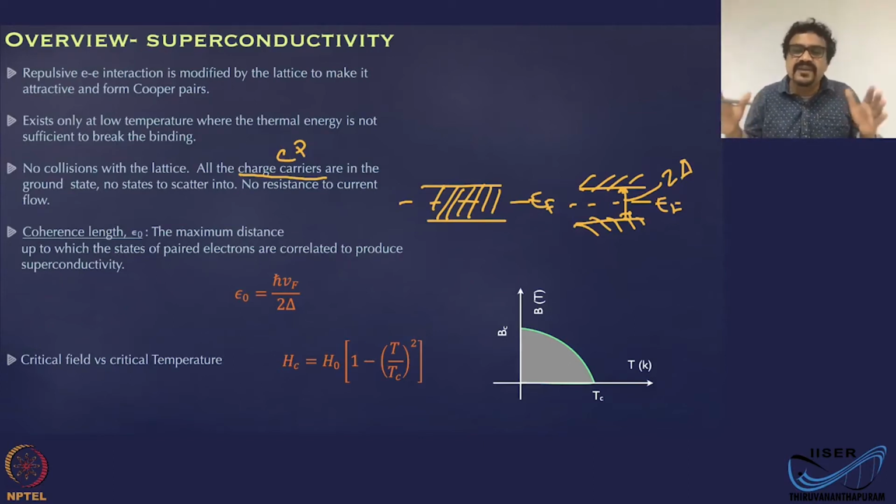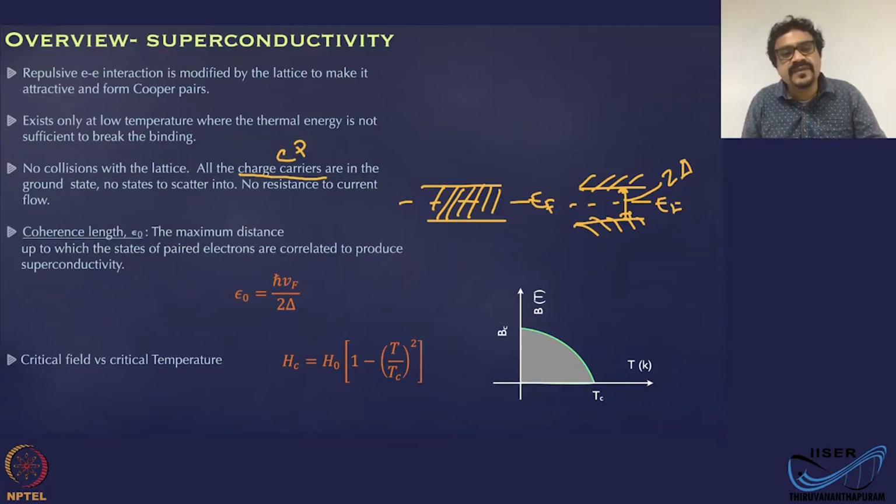So if the applied voltage to run the current through the system is small, less than the energy gap, then there will not be any resistance to the flow of current, which is the origin of zero resistance or superconductivity. Now, the coherence length is the maximum distance up to which the state of the paired electrons are correlated to produce superconductivity.